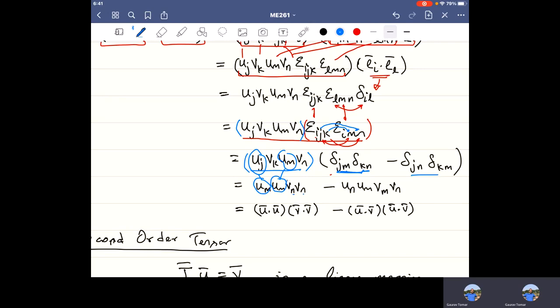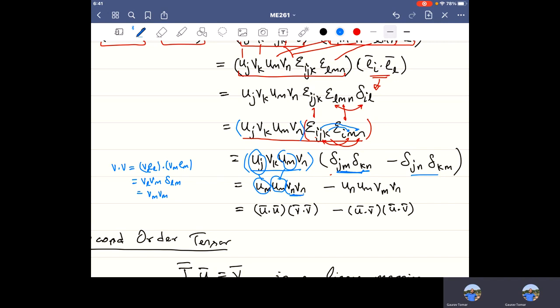Now you know that v dot v would be essentially vl el dot vm em, which will be vl vm delta lm. Now we can write this as vm vm, and that's something that we're getting here.